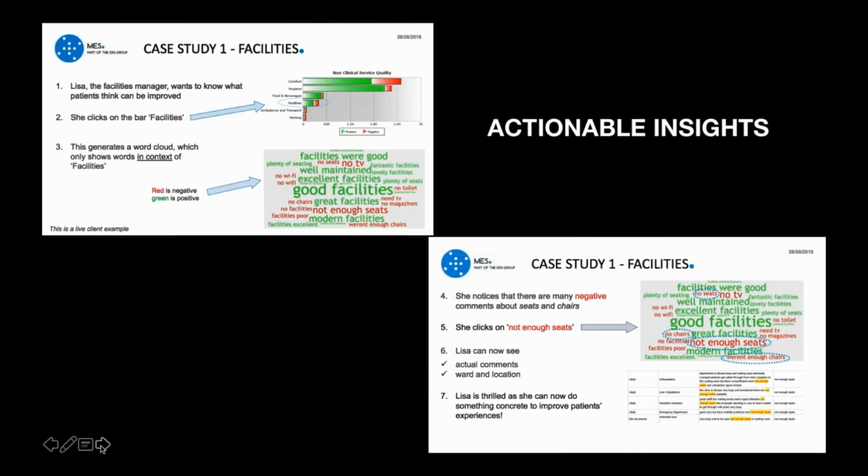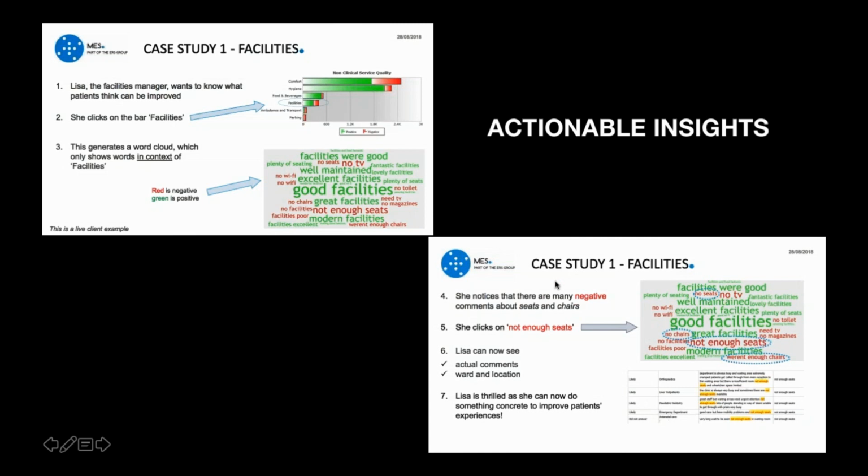And so using these sort of free text analytics, the theming of the commentary from patients has been done automatically, down to comfort, hygiene, food and beverage, facilities, even down to parking. And that opens up a word cloud, as you can see, which shows, largely people are saying the facilities are good, but then you can see that there's a lot of people commenting on not enough seats. That seems to be predominant.